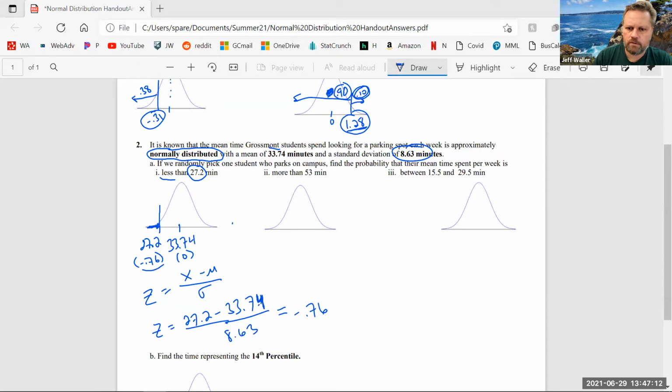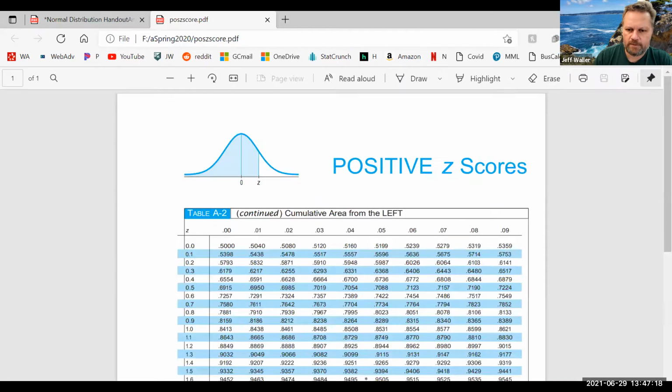Do you look for the negative 0.76 and look for the area? Yeah. Let me see. What do you guys see right now on your share screen? Where? Positive Z scores. Oh, good. I don't know where I put my negative Z scores. Well, that's weird, Jeff.